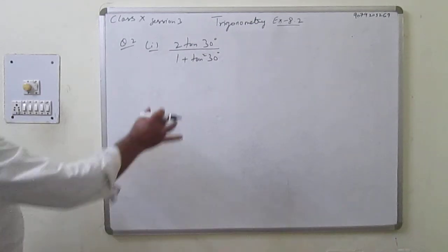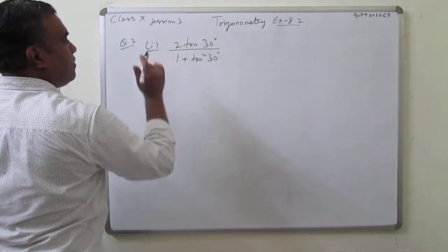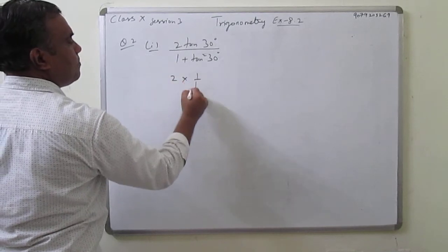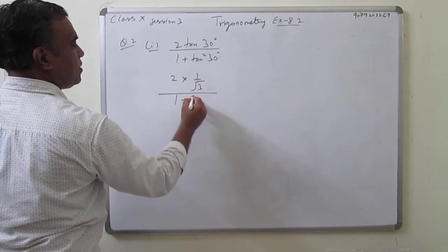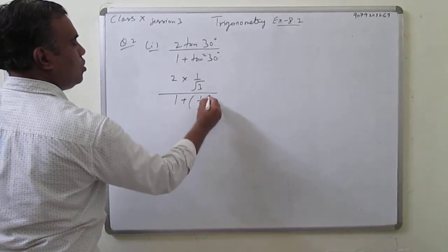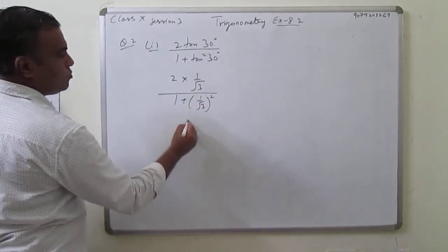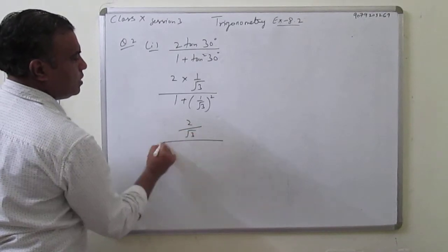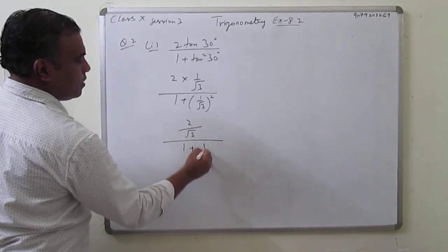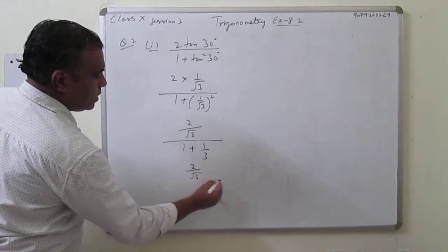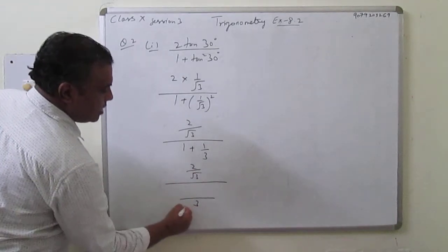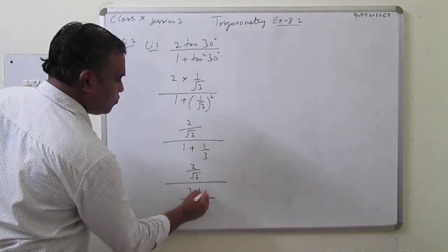So putting the values, what is tan 30? 1 by root 3. 1 plus tan square 30, 1 by root 3 whole square. So it becomes 2 upon root 3, 1 plus 1 upon 3. In the denominator 3 is the LCM, so 3 plus 1.